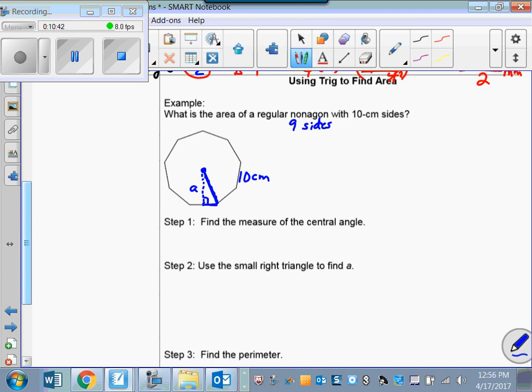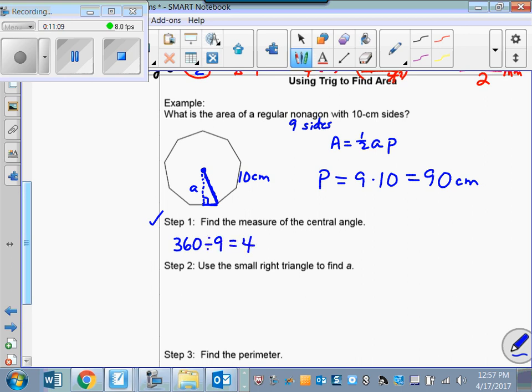We can get the perimeter really quick. We know that area is 1/2 AP. The perimeter is 9 times 10, which is 90 centimeters. So the first thing we want to do is find the measure of our central angle. We got a 9-sided polygon, so we know we're going to do 360 divided by 9, right?